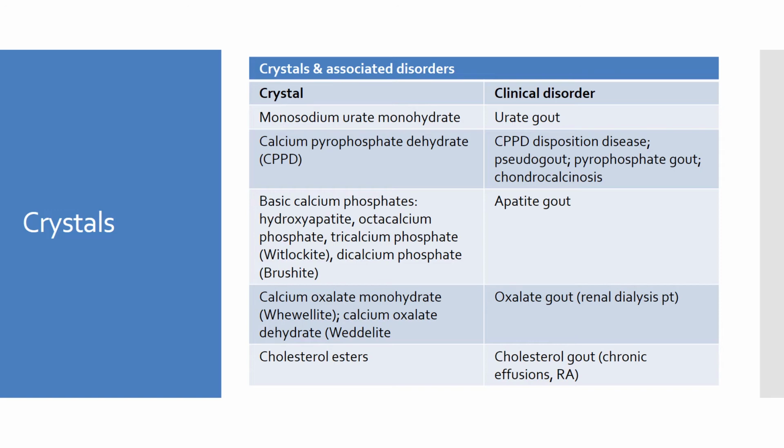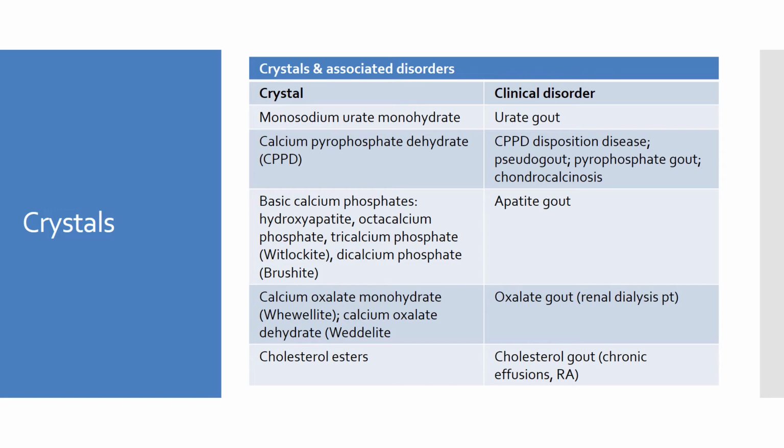And then finally, you could have cholesterol gout, which I mentioned a little bit before. Usually that's found in RA. What we're looking for when we take these specimens to the polarized light microscope is the presence of birefringence. It's a characteristic that some crystals have.